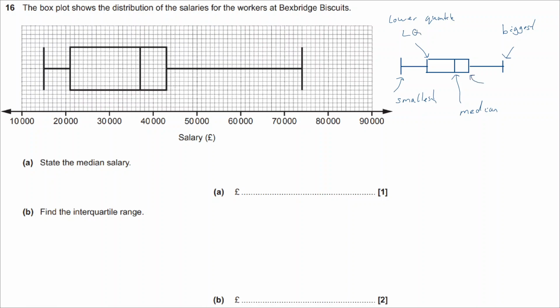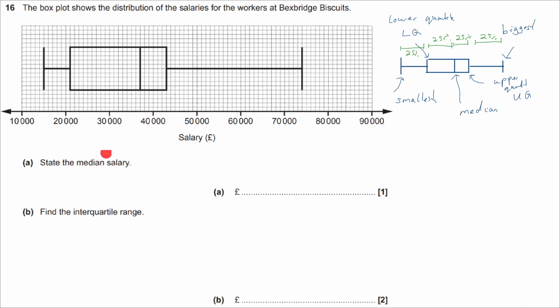And this up here, you call the upper quartile, which you can abbreviate as UQ. Also, your data is in 25% intervals. So 25% of your data is between the smallest value and the lower quartile. You've then got another 25% between the lower quartile and the median, another 25% between the median and the upper quartile, and 25% between the upper quartile and the biggest value. So it's split up into 25% increments, as you can see.